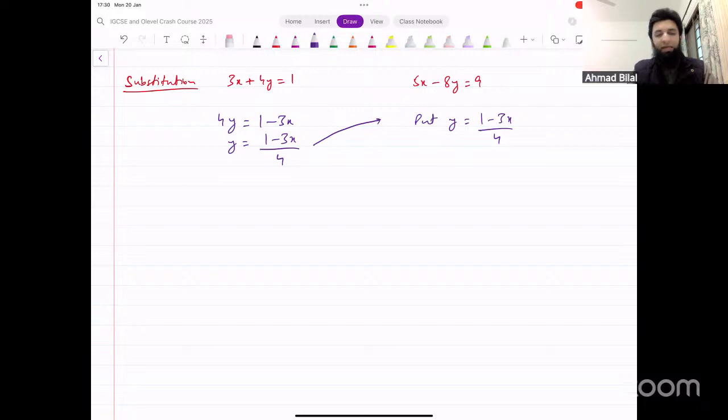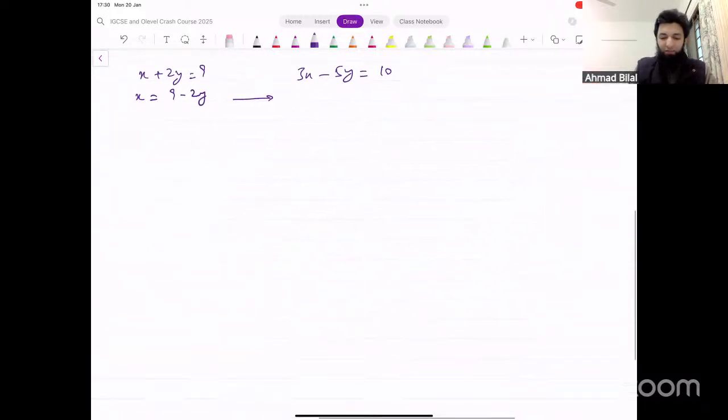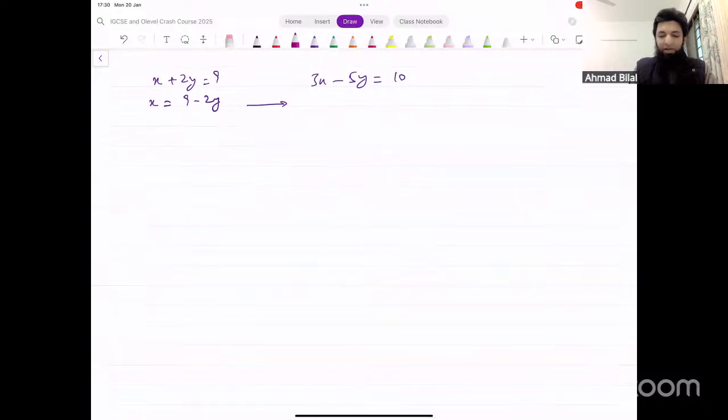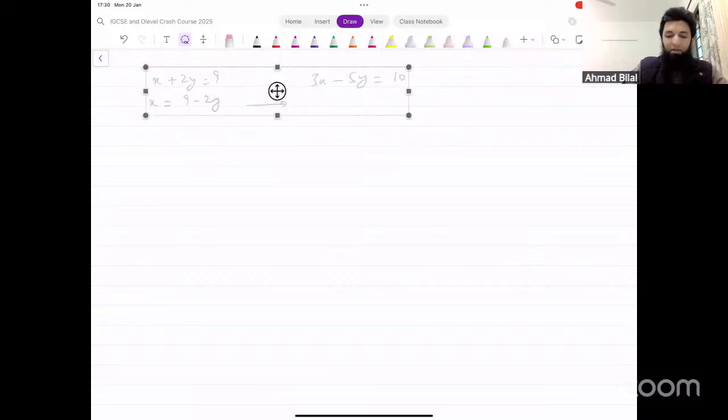So we would end up getting a fraction in any case. But in case we can avoid that, for example, in cases like these where at least one variable has a coefficient of 1, I would recommend that you make that the subject and put that in the other equation. For example, in this case, a good idea would be to make x the subject because that avoids fractions, and put that in the other equation.